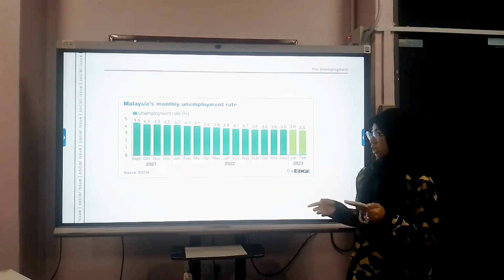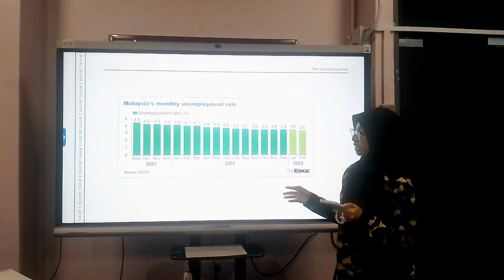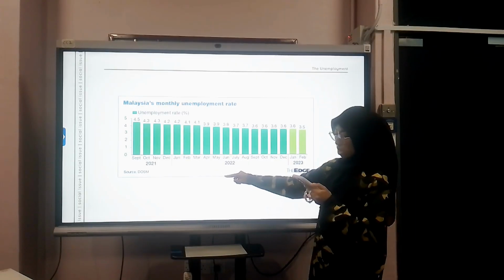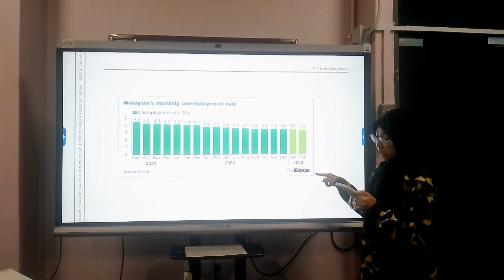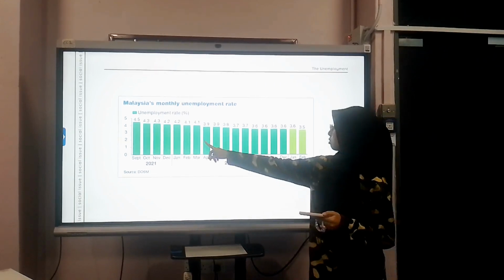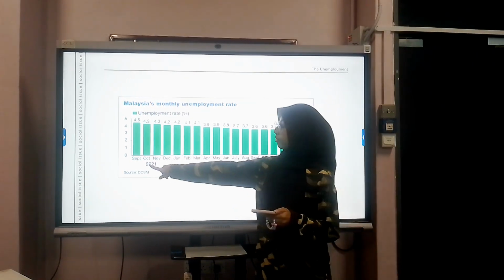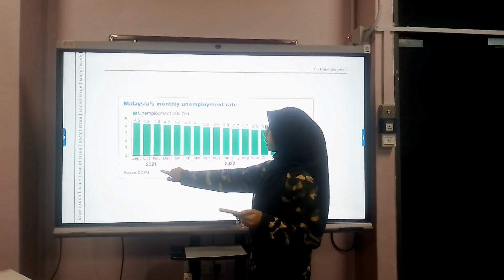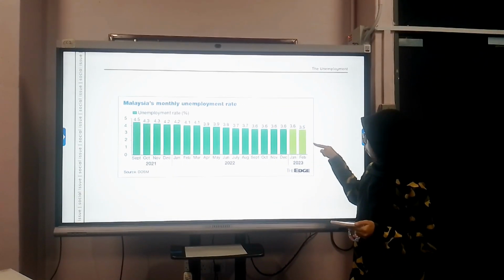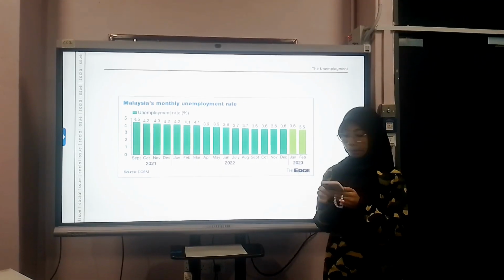Next, look at how the situation improved after that. Here we can see that from September 2021 to February 2023, the unemployment rate started to go down. It went from 4.5% in 2021 down to 3.5% in February 2023.